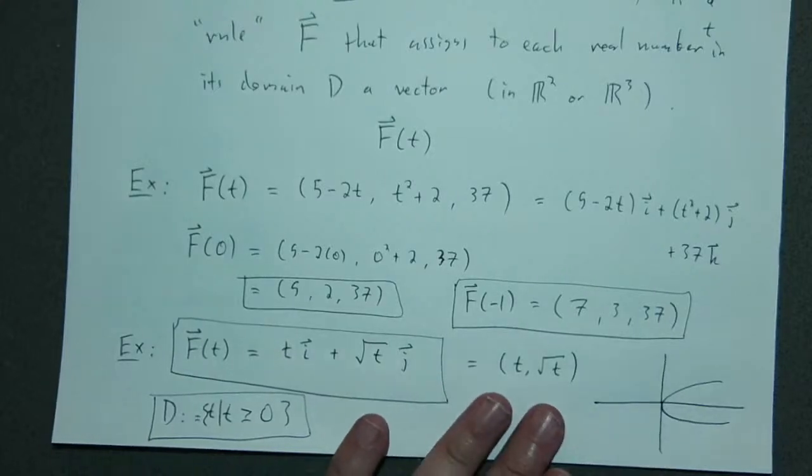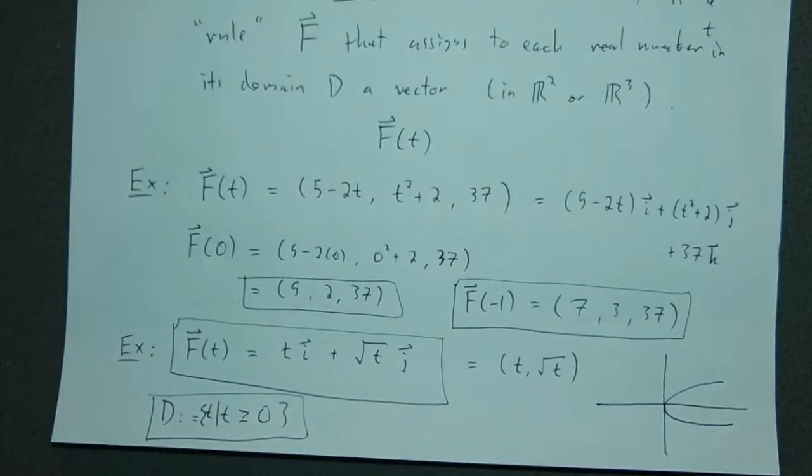And so it's not simply the graph of square root of t. Okay, it is this parametrized version of square root of t. Okay, and I'll talk about this in a second.